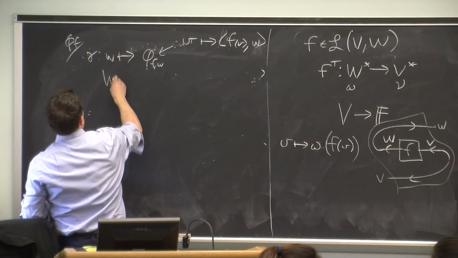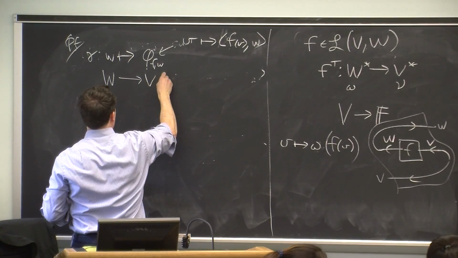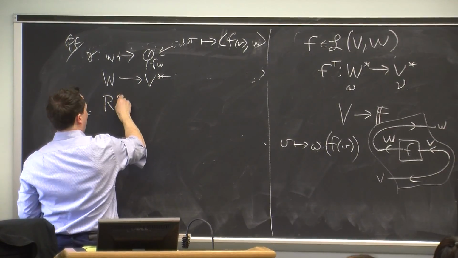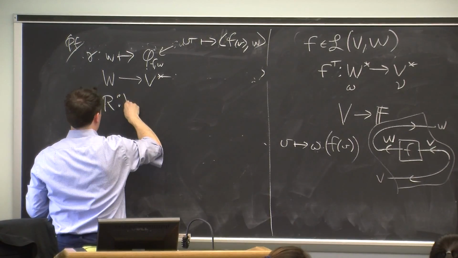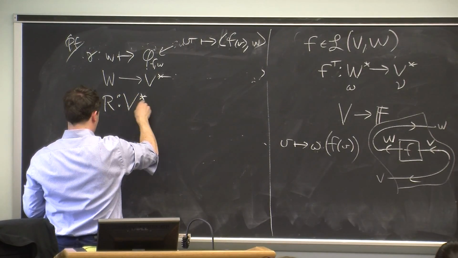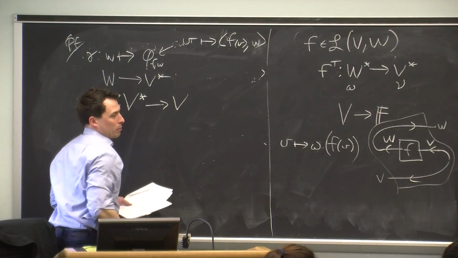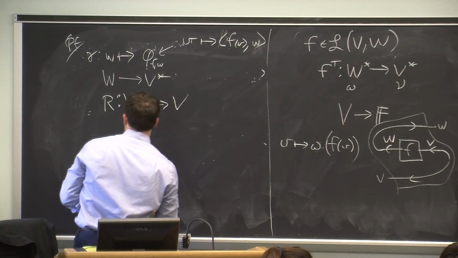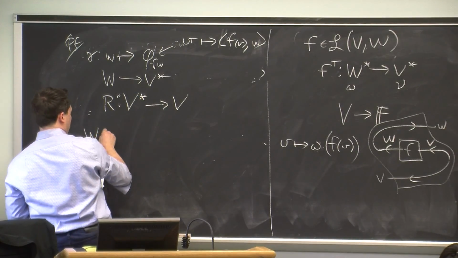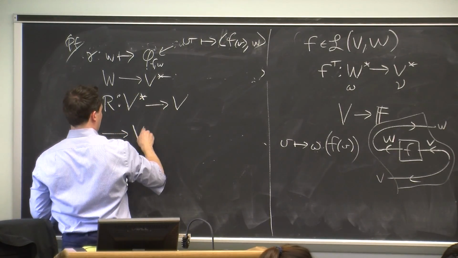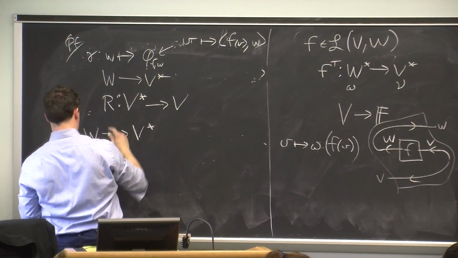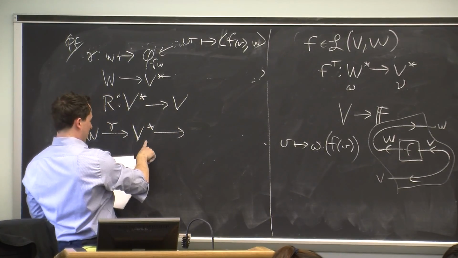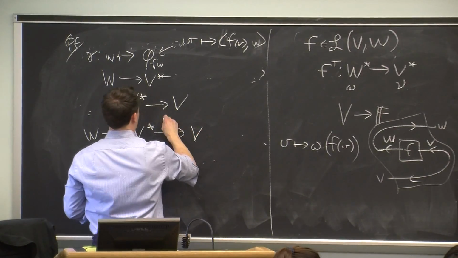So gamma goes from W to V star. And then we have this other map sitting around, R for Riesz, the Riesz map, which takes V star to V. I explained it in the other direction, but I can think about it as going either way. And so combining these maps, I get a map from W to V star, called gamma, and another map from V star to V, called R.